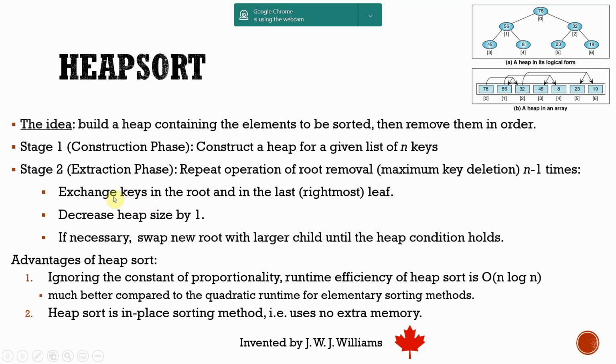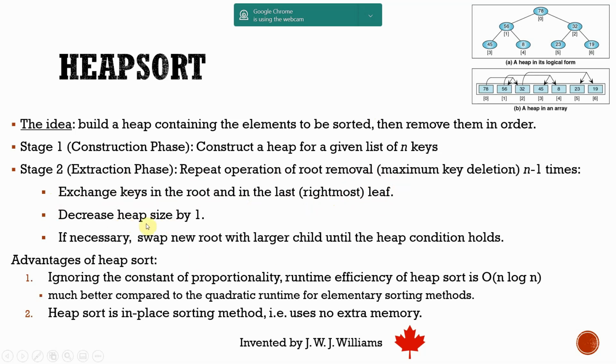What we do in this process is we exchange the keys in the root and in the last, the rightmost leaf. You saw this in the deletion part, right? Whenever we delete the root, we exchange the keys in the root and the last or rightmost leaf.